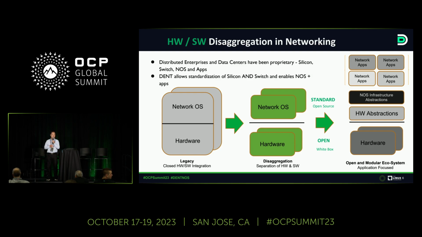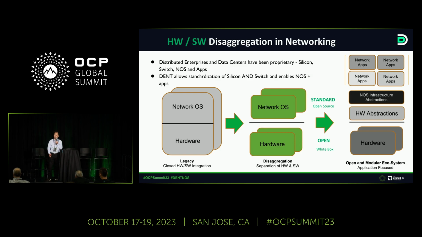However, more players are coming to the industry, not just for data center switches, also for the enterprise as well. So the first step was to disaggregate the hardware from the software, the network operating systems. And now we even talk about modularized design.